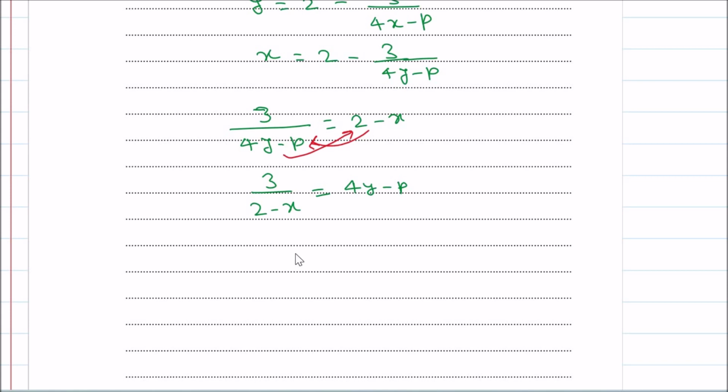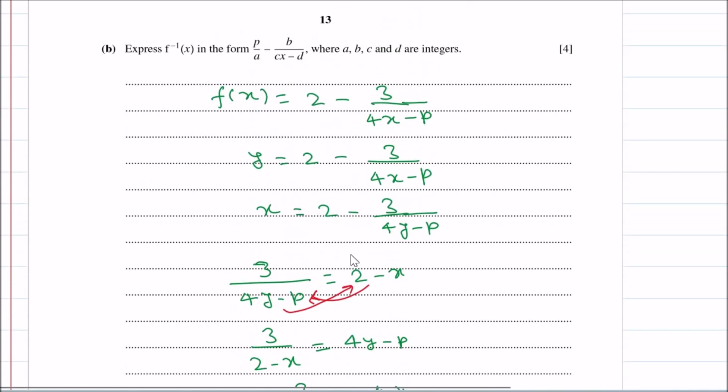Now let us write 4y, so we get p plus 3 by 2 minus x equal to 4y. So we can write 4y equal to p plus, now we have 3 by 2 minus x. And if you see here, we have to bring cx minus d.